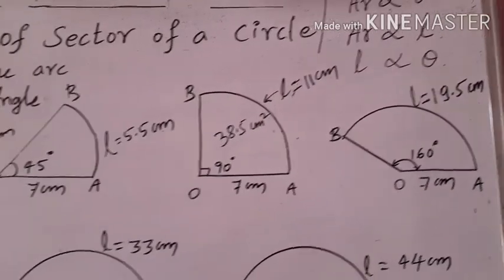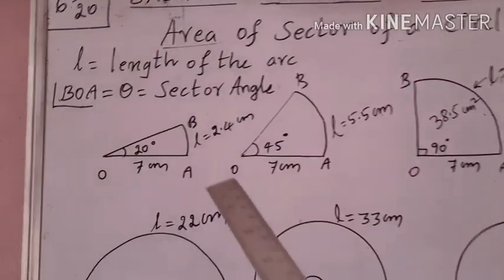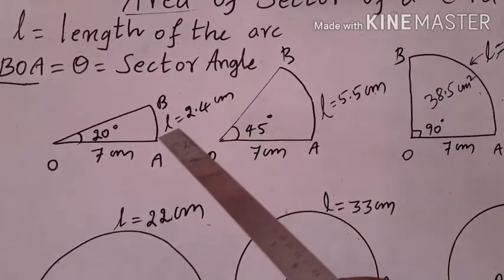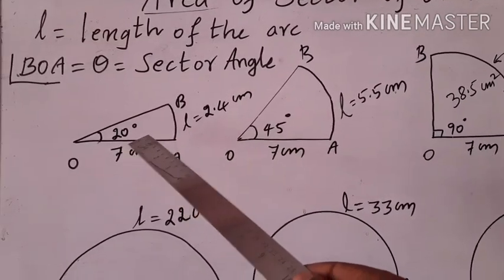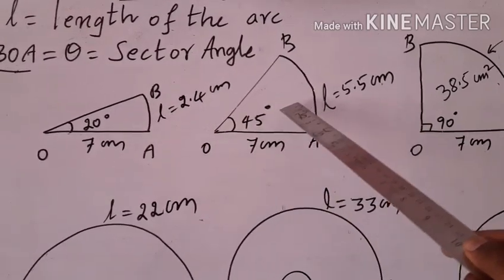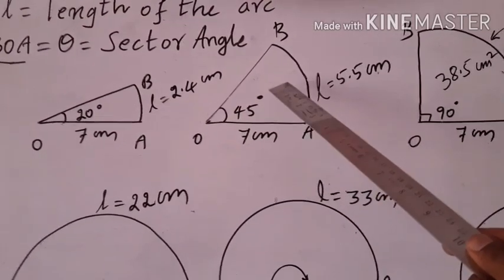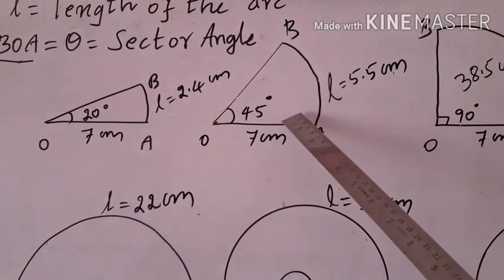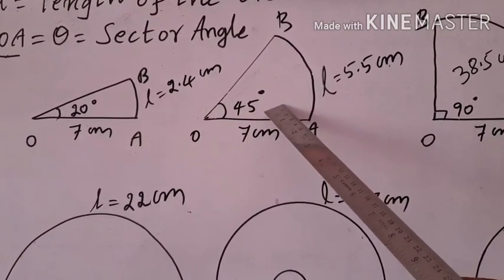Let us look at these two sectors. Here, the central angle is 20 degree and the length of the arc is 2.4 centimeter. When we look at this sector, the central angle is 45 degree, so there is an increase in the central angle.